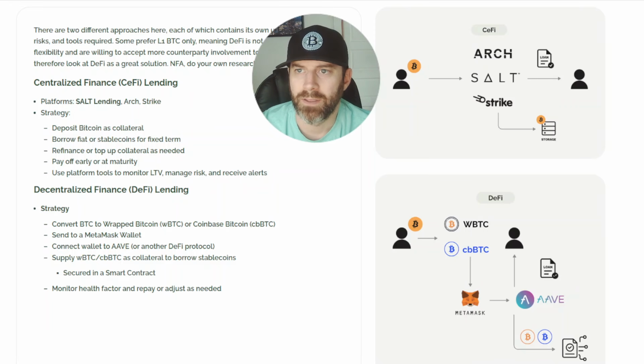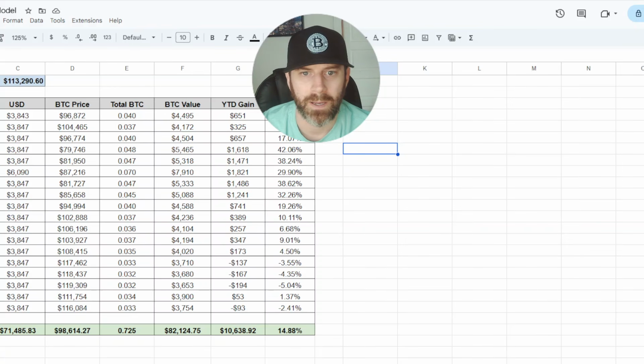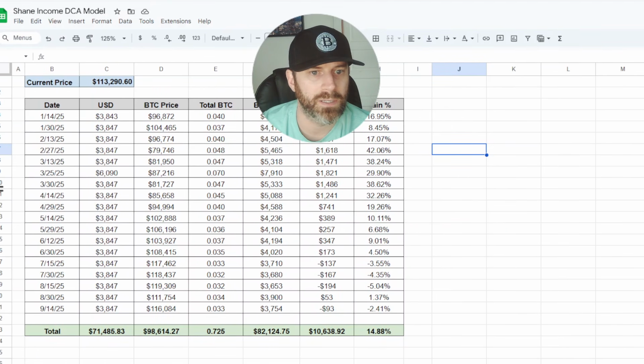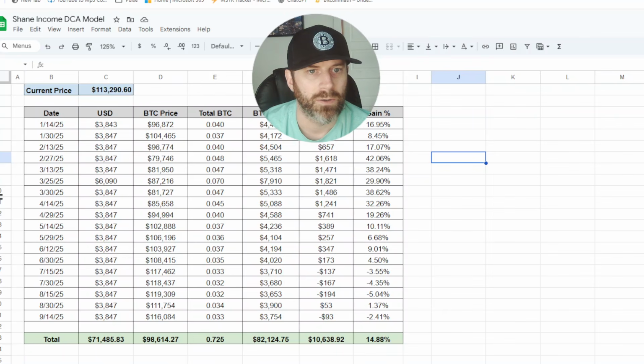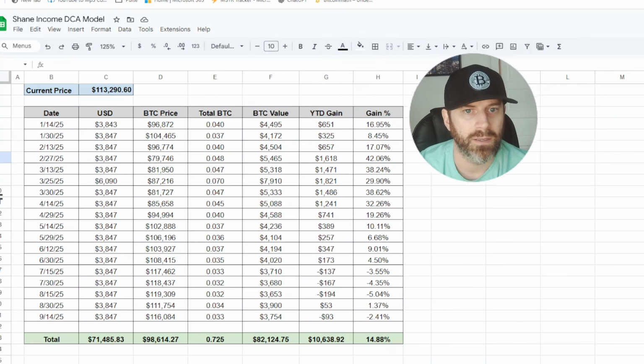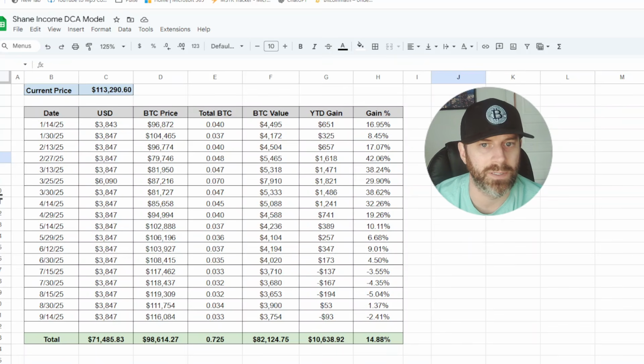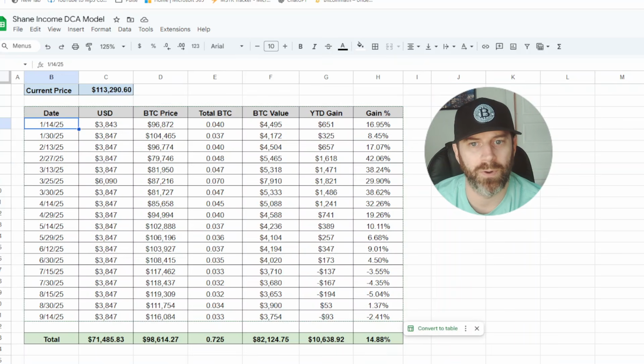So let's dive into the numbers here. Okay, let me move this. So this is my year-to-date performance in using this model. So my first paycheck was January 14th, 2025. That was my after-tax and withholdings direct deposit.